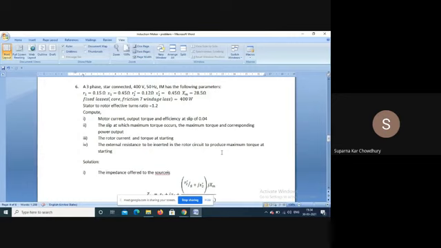Fixed losses, that is the core and friction and windage losses, is equal to 400 watt. Another thing given is the stator to rotor effective turns ratio 1.2.